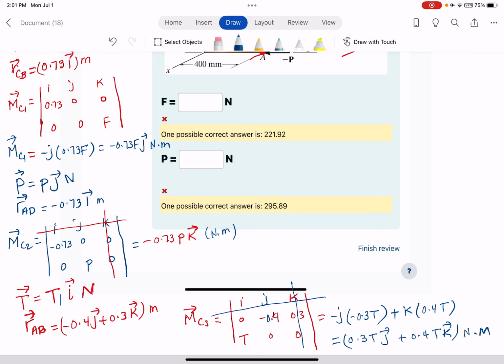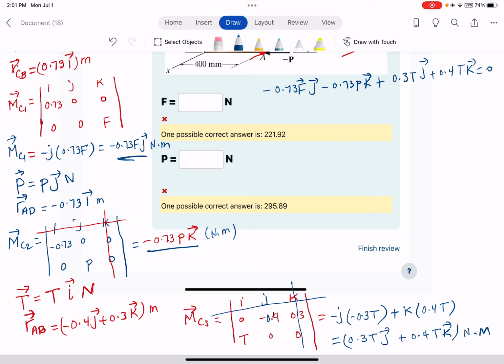Okay, so now we're going to add up all the couple moments. The first couple moment is this one, minus 0.73 F in the j, plus the second couple moment, minus 0.73 P in the k, plus the last couple moment, 0.3T j plus 0.4T k, and the whole thing is equal to 0.